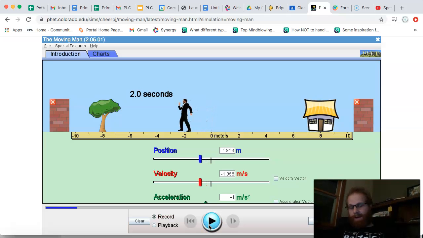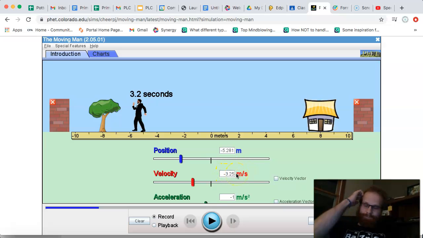And not only that, but as more time passes, he starts to move backwards faster. Right now, he's going at about -2 meters per second backwards, right? But if I let more time pass, that speed, that velocity starts to increase. Now he's going at 3.25 meters per second backwards. Or I guess to the left, depending on how you want to think about it. So that's kind of how acceleration can work.